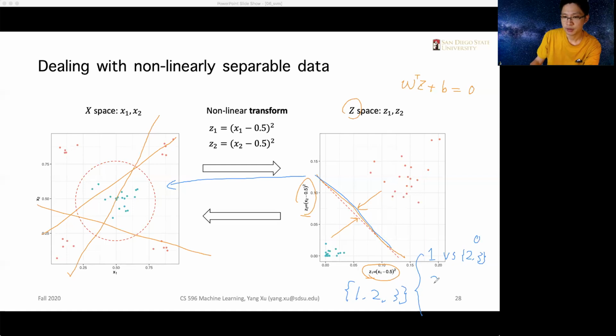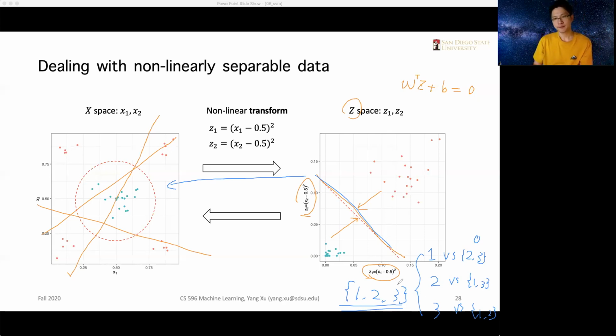Then we build a second model that predicts 2 from 1 and 3, and 3 against 1 and 2. So we need to build 3 models, and after we have the 3 models, we just combine them. That tells us which one of the 3 classes a new data point belongs to.